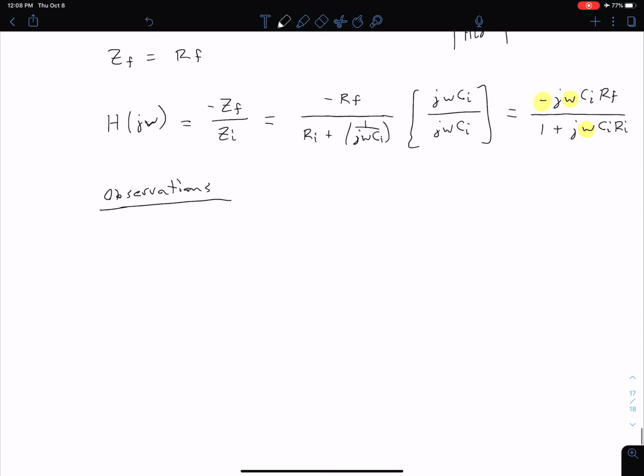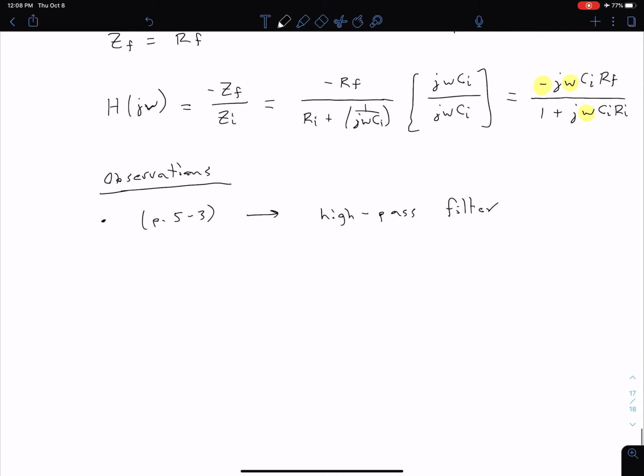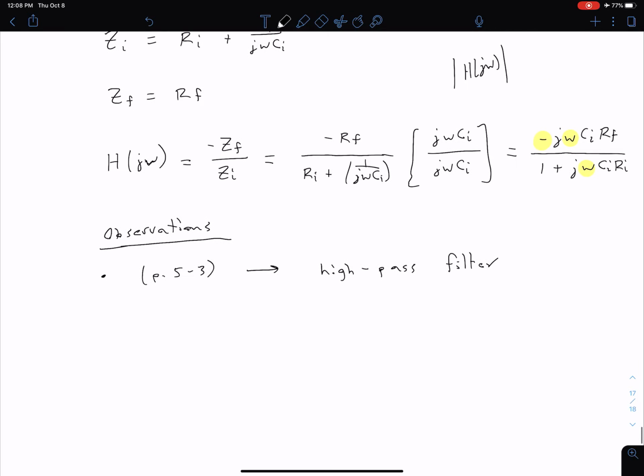We could also go back and compare to what we had previously seen. If you look on page 5-3 in the notes, we had previously seen an equation like that. What that tells us is that this has the same form, which means it is a high-pass filter. So looking at that, we can figure out what our high frequency gain is.